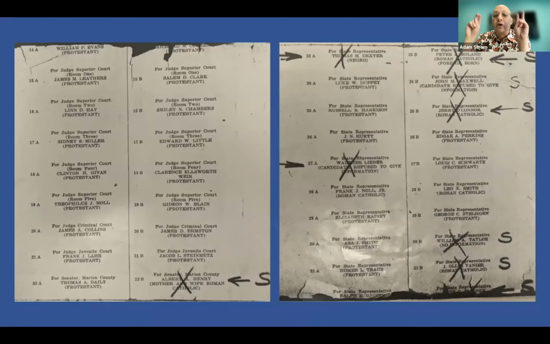Thomas Dexter, quote, Negro, unquote, obviously not the term we would be using today, but again, crossed out. Jill, what's ES? I can't remember. The metadata says that it might stand for skip, like skip this candidate.